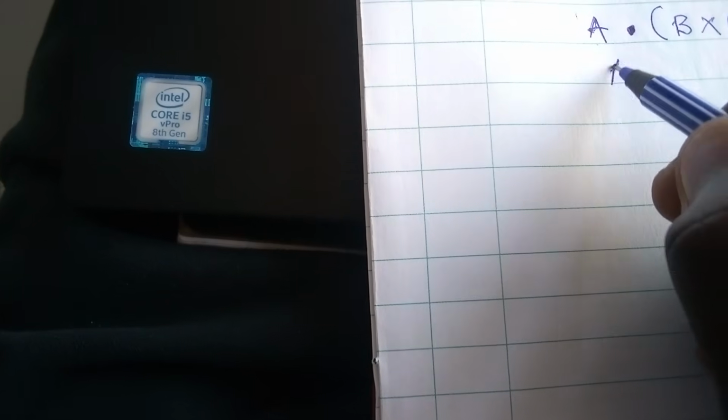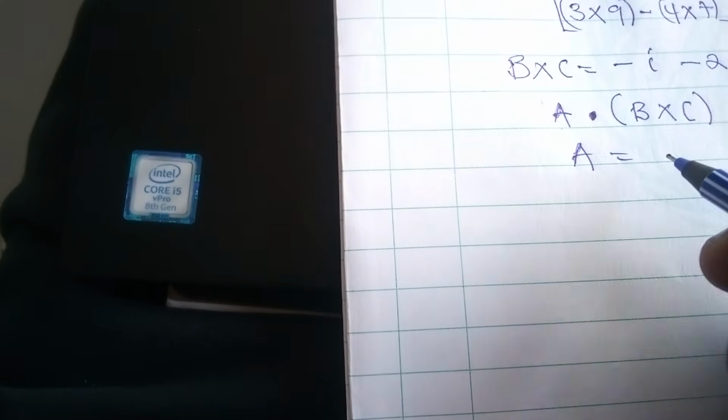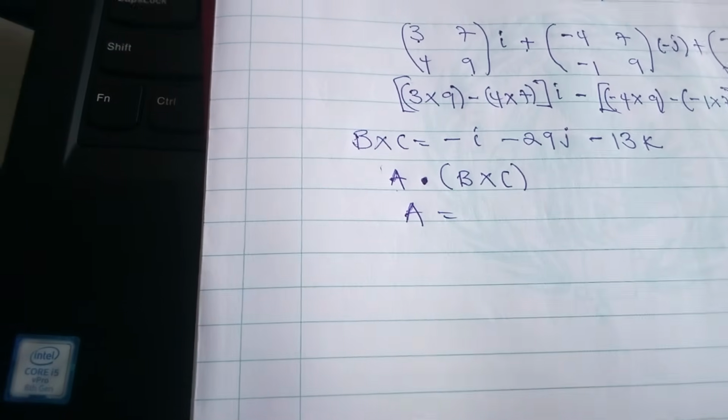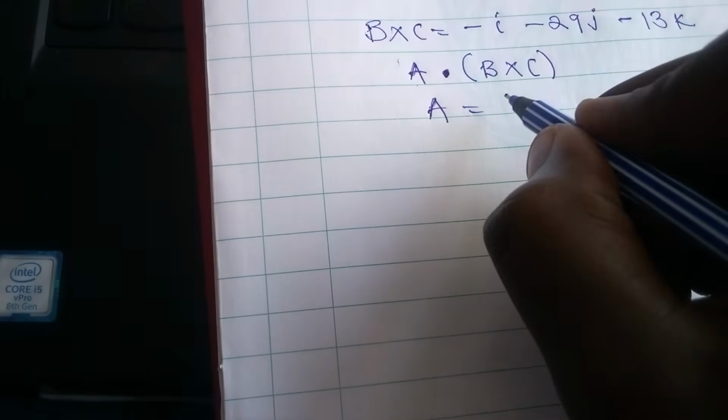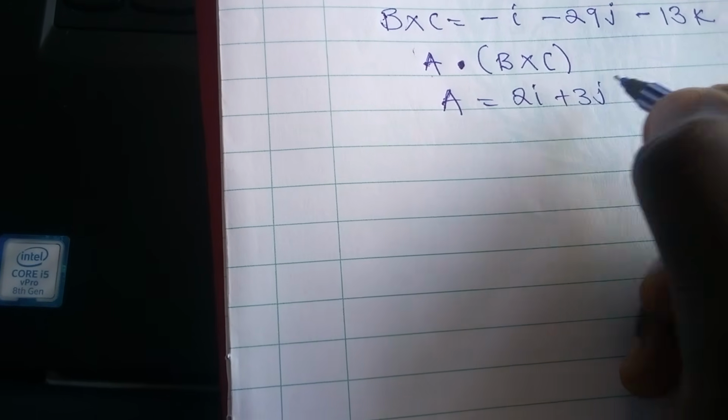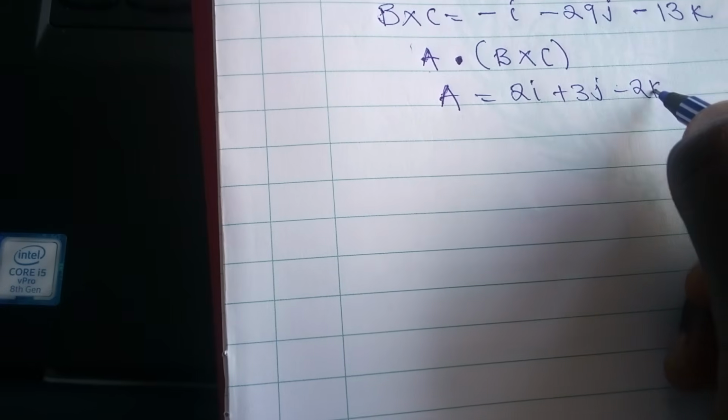So we are having vector A to be 2i plus 3j minus 2k.